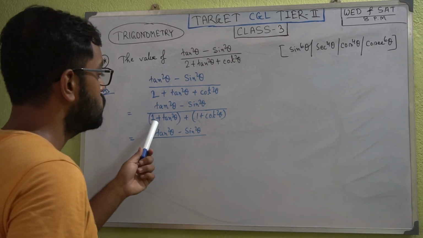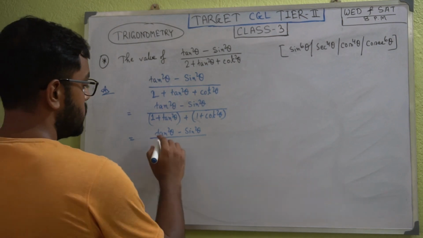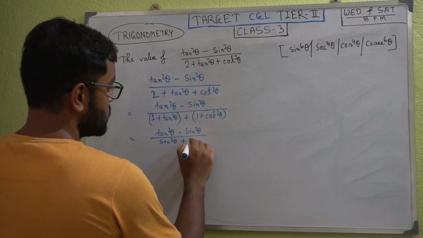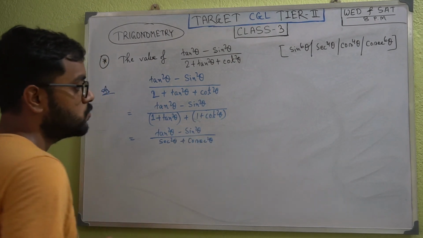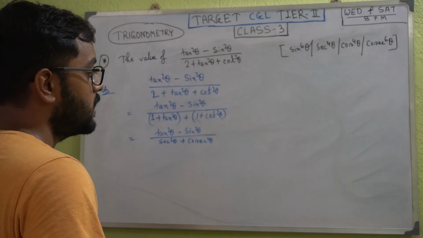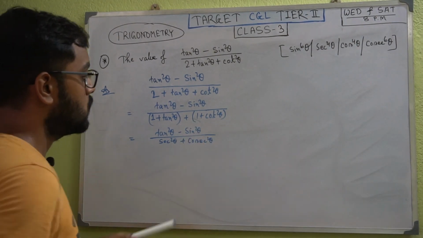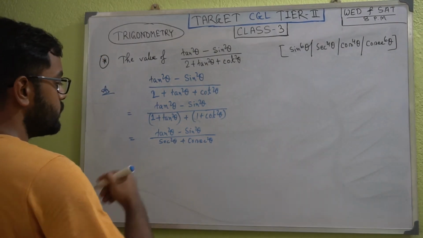Then we can use the value of 1 plus tan square theta equal to sec square theta, that is sec square theta plus cosec square theta. Why? Because we also know that cosec square theta minus cot square theta equal to 1. So we use the value of 1 plus cot square theta as cosec square theta.